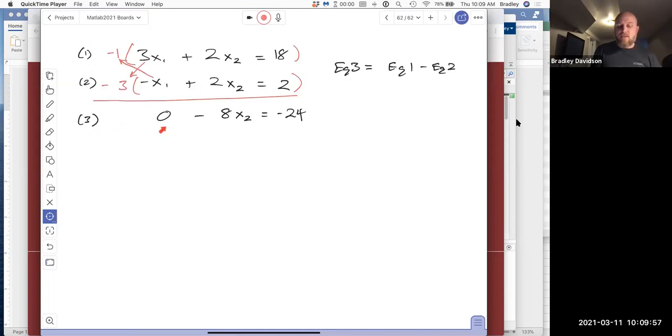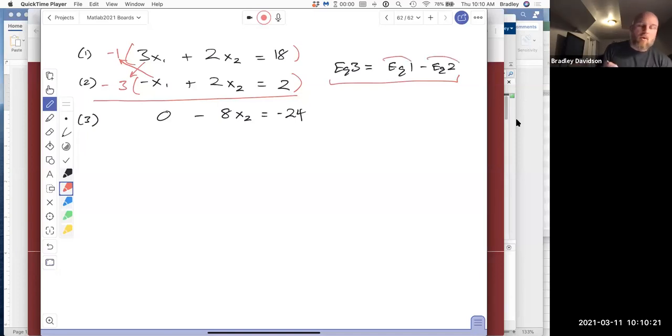And by making this new equation, it's nothing that's unique. And so we can say there are different ways to combine equation 1 and equation 2 to make an equation 3.